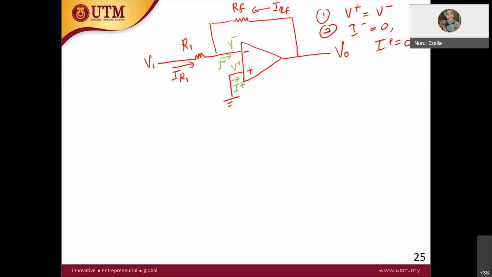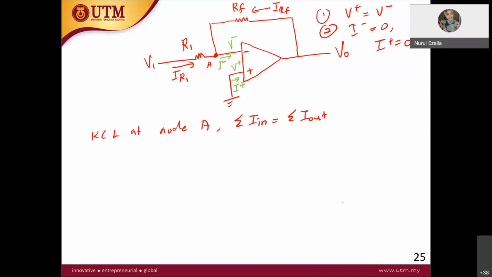Now I want to make the KCL at this node, node A. When I say KCL, it means that the total current in is equal to the total current out. So what is the total current in to node A?